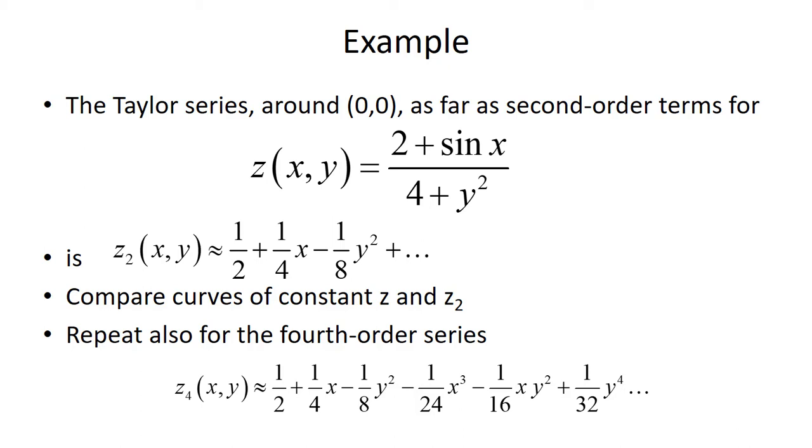This will show how good, or perhaps how poor, the approximation is. And then we're actually asked to repeat for the fourth order series, where we have the second order terms, third order terms, and indeed we have a fourth order term. Again, let's see how good, or perhaps how poor, that approximation is.